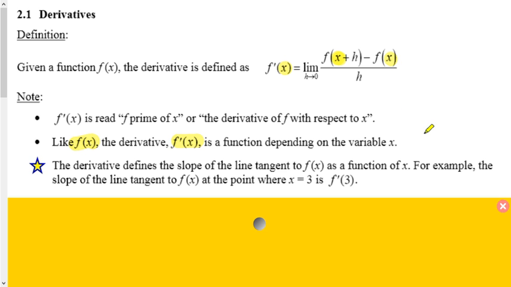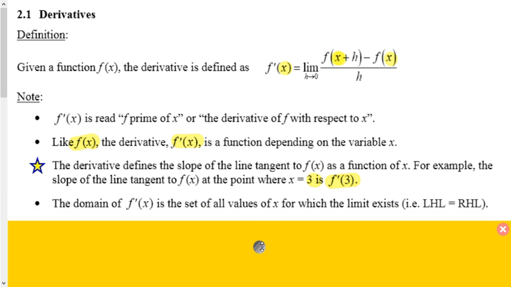For example, the slope of the tangent line to the function f of x at the point where x is equal to 3 is f prime of 3. I just plug the number into this derivative function, and that gives me the slope at this x value of 3. That should be pretty familiar, based on the work that we did in chapter 1. Now we're just formalizing it as we get into chapter 2.